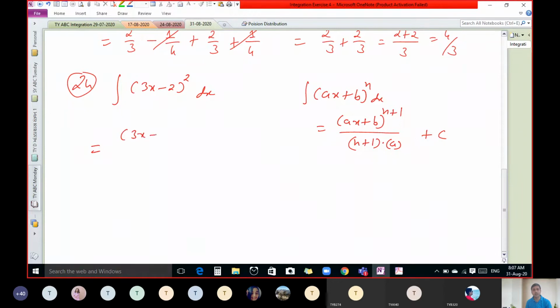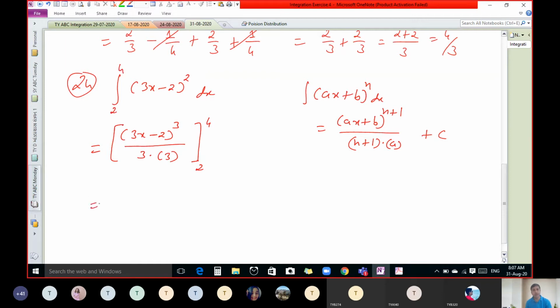It is (3x minus 2) raised to 3 upon 3 into the coefficient of x. Here the coefficient of x is also 3. And here we do not require to write plus c, but instead we have to make a bracket like this, and then write the range, 2 and 4.